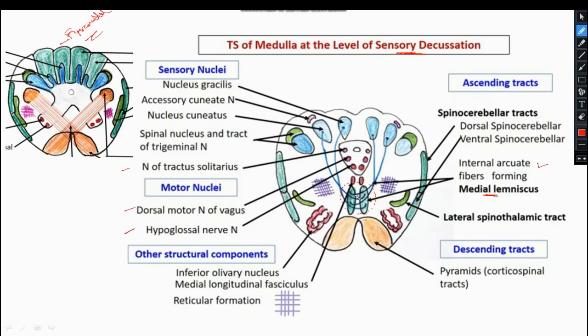Together they form the medial lemniscus, and this medial lemniscus will ascend up to the thalamus.